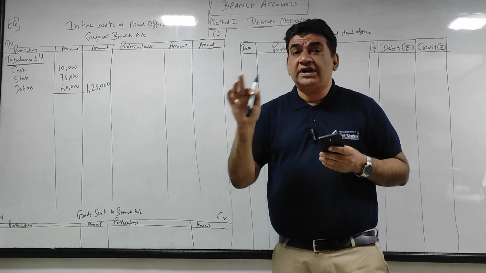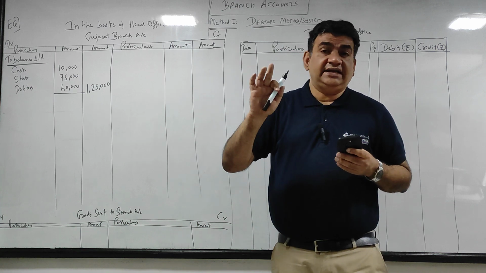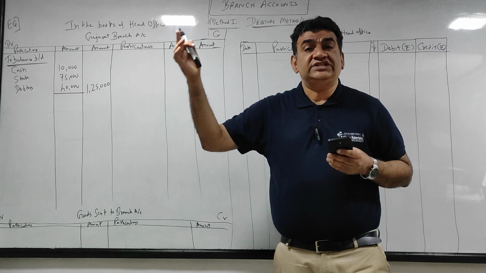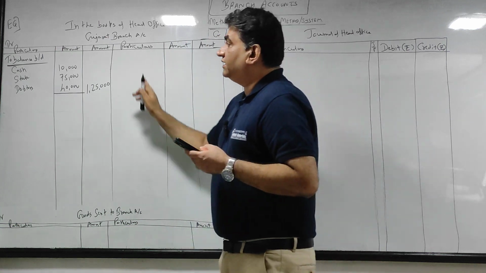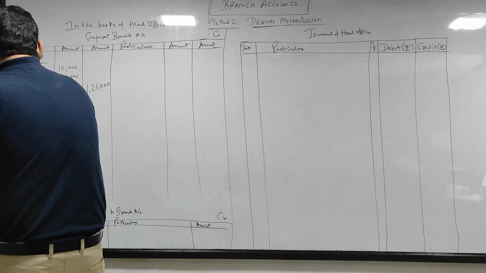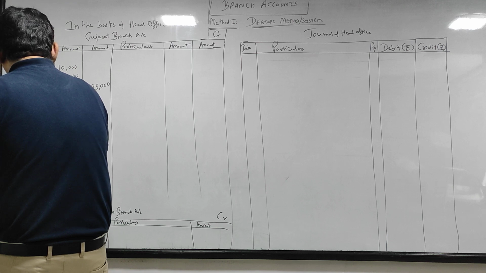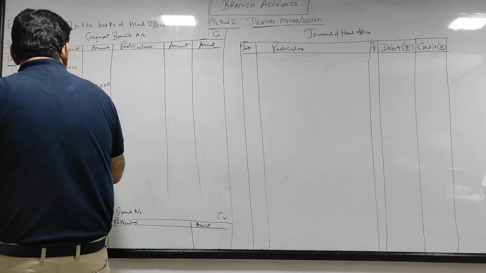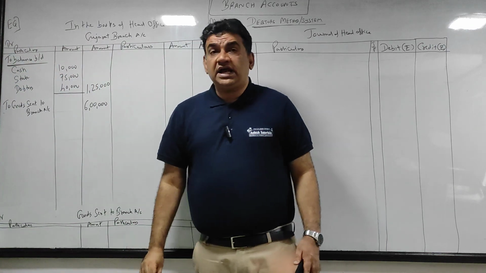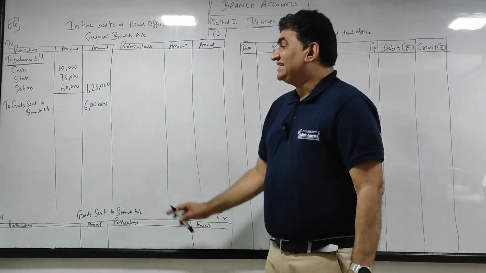What I told you, for the head office branch is the debtor, debtor personal account, debit the receiver. हेड ऑफिस ने ब्रांच को भेजा है, branch is the receiver, so you will debit branch account, and on the debit side of branch account you will use the word to goods sent to branch account, that is 6 lakhs. गुजरात ब्रांच में डेबिट साइड पे टू गुड्स सेंट टू ब्रांच अकाउंट 6 lakhs.